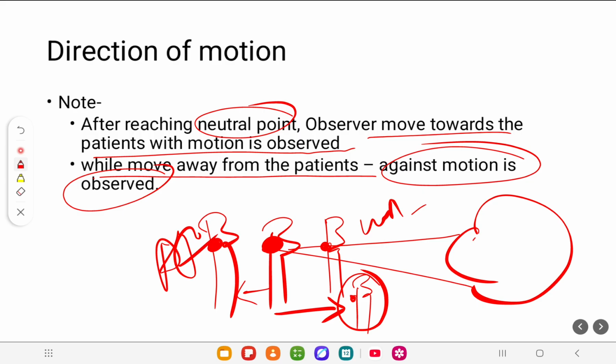It's a small tip that you should always do. Please do this whenever you think you have come to the neutralization point. Move slightly away or slightly in towards the patient. If it is towards the patient, then your reflex is with the motion. If you are slightly away from the patient, then you will see against the motion, and then you can grossly say that yes, I'm close to the far point and definitely the neutralization point.